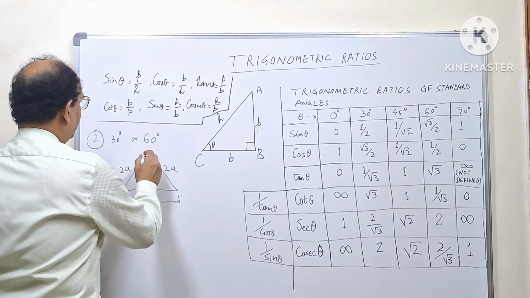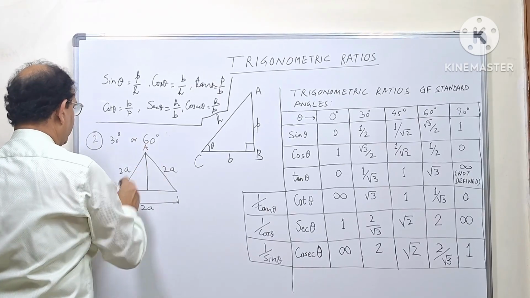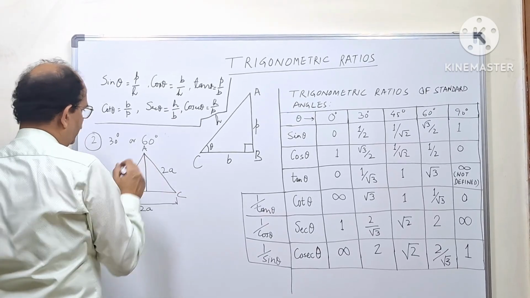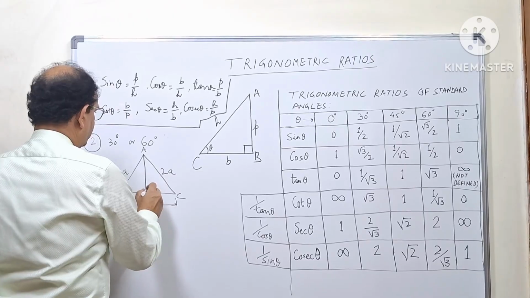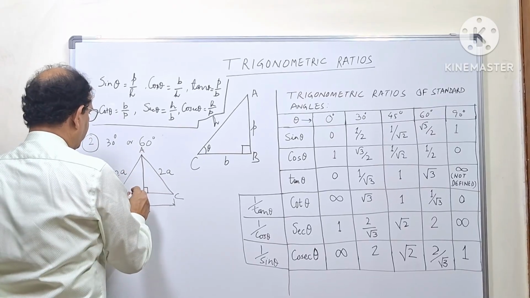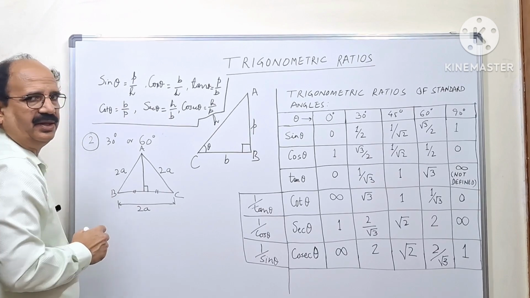Let us draw a perpendicular on the base. If it is A, B and C, let's draw the perpendicular. So we know that if it is an equilateral triangle and you draw a perpendicular, then the base will be divided equally.